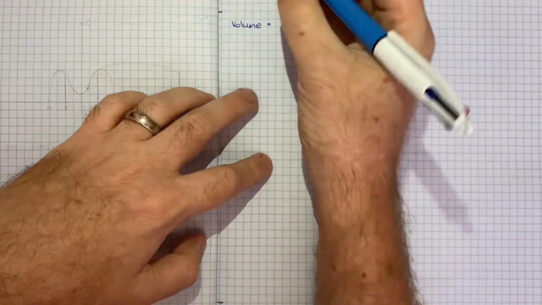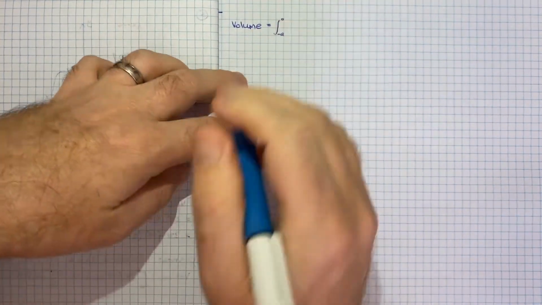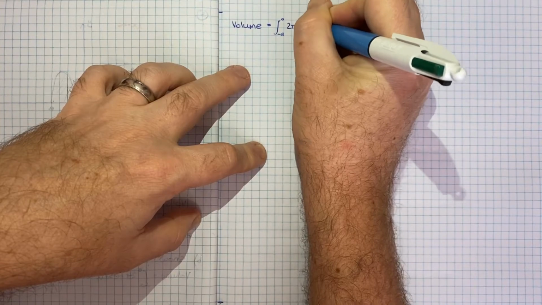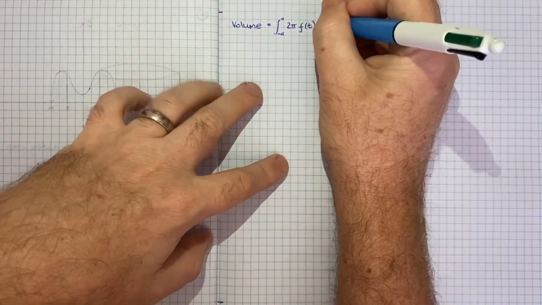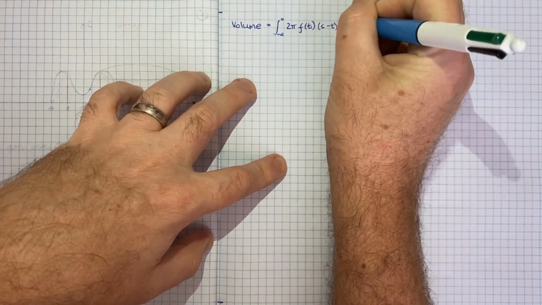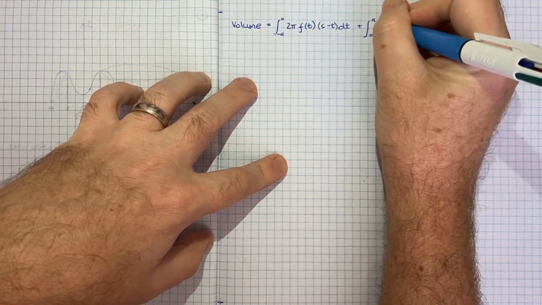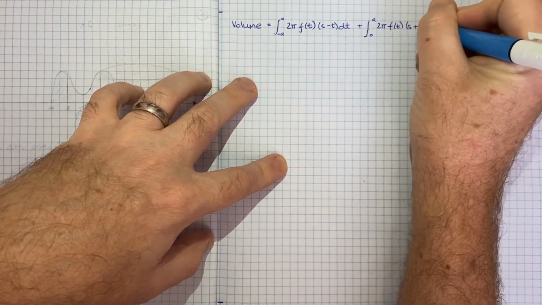So the volume will equal the integral from negative a to 0 of 2 pi f of t times s minus t dt, plus the integral from 0 to a of 2 pi f of t times s plus t dt.